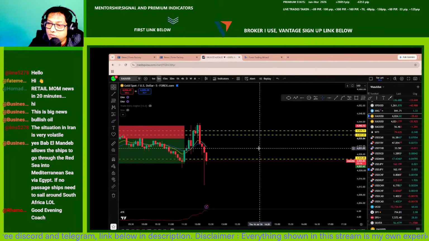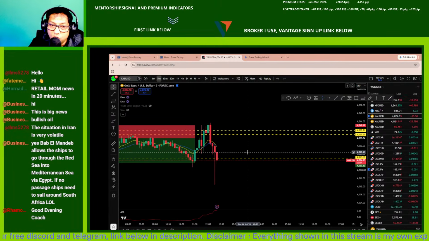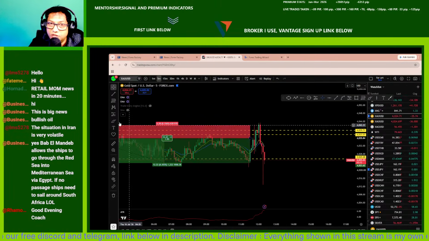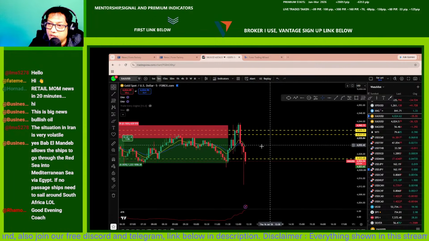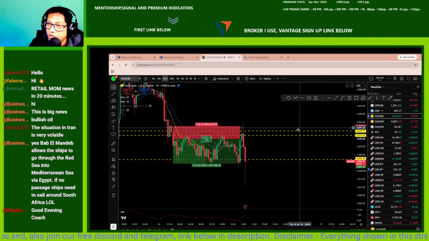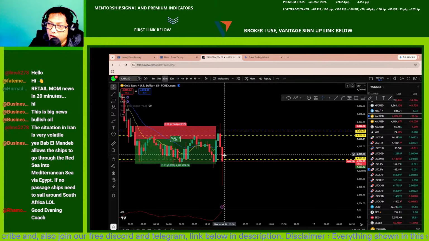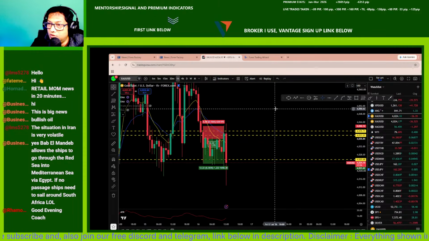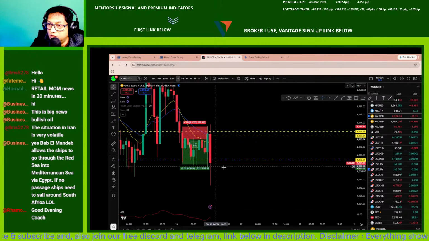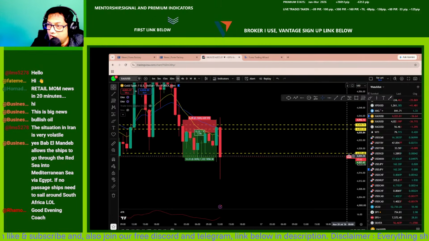Therefore, looking at this market to show its directional bias, the market is showing a large 15 minute bearish engulfer. Look at the 1 hour here, you can also see a bearish engulfer at this level.